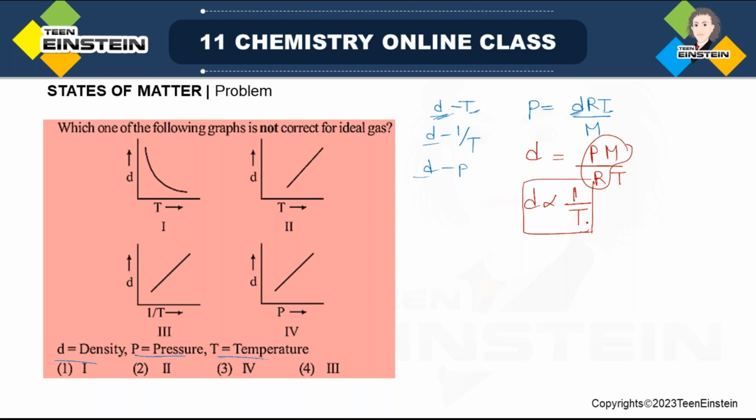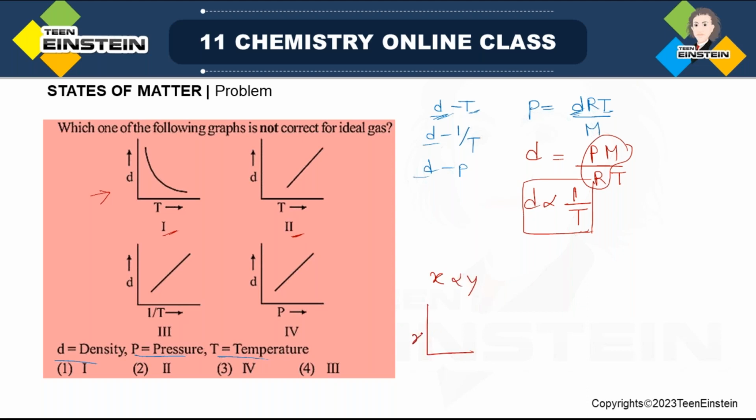Now when we have two quantities that are inversely proportional to each other, what will be the nature of the curve? The nature of the curve will be this one, because it is not 2. When one is correct, obviously 2 cannot be correct, because both are D versus T curve. You cannot say both are simultaneously correct, that is not possible. Suppose I am saying x is proportional to y.